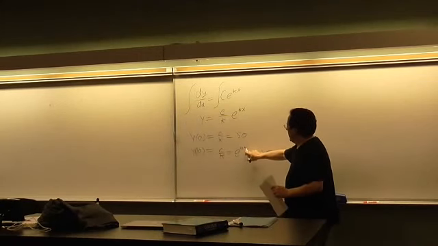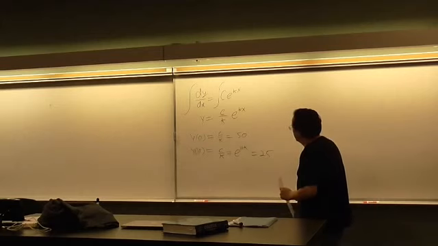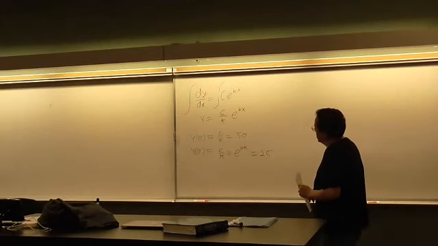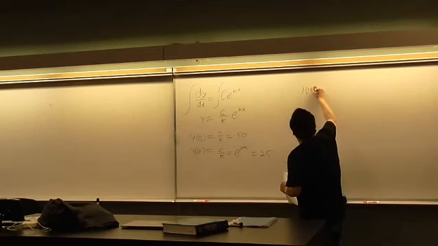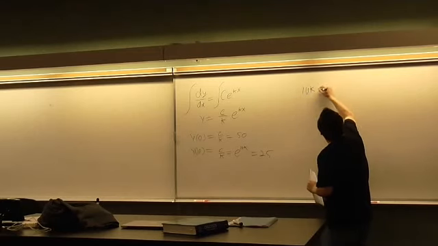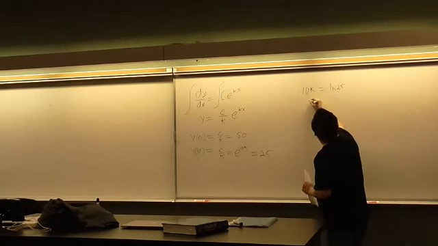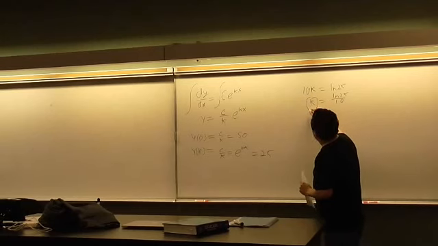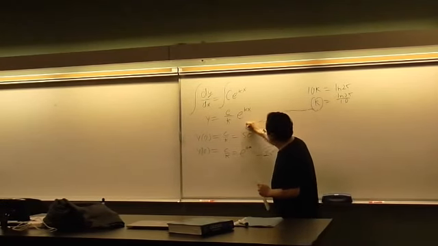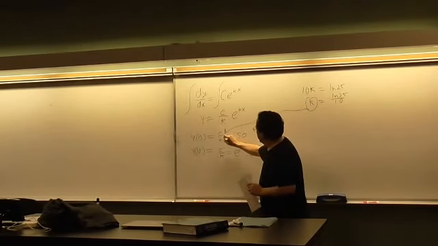So we can figure out k here, right? What's k? Well, 10k is log of 25, right? So k is log of 25 over 10. And if you plug that back in over here, you'll be able to find C.